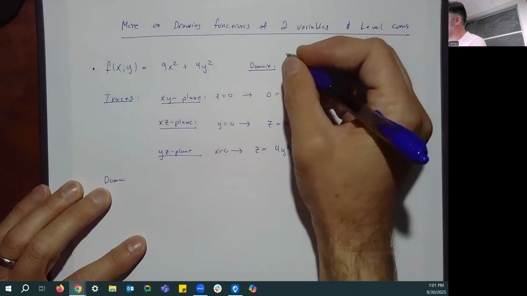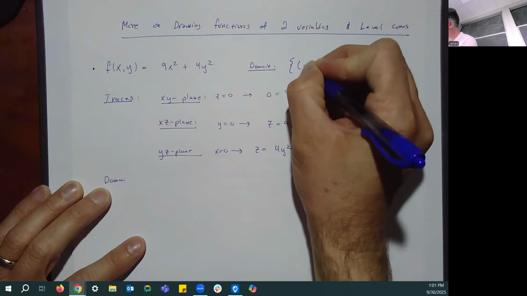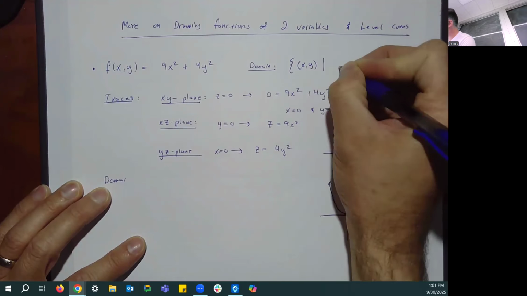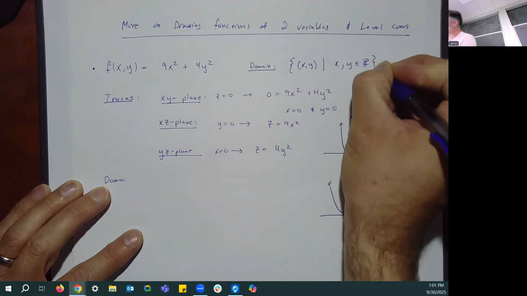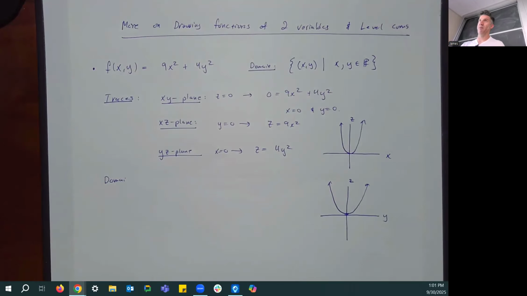The easiest way to write it is the set of all points x comma y such that x and y are both real. Or you could write it's the entire two-dimensional plane. But it is notably incorrect to say it's all real numbers because we're not talking about numbers, we're talking about points, which are a pair of numbers, which is annoying.